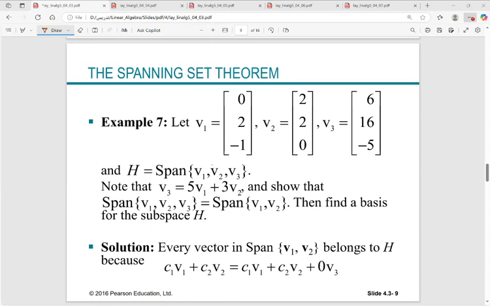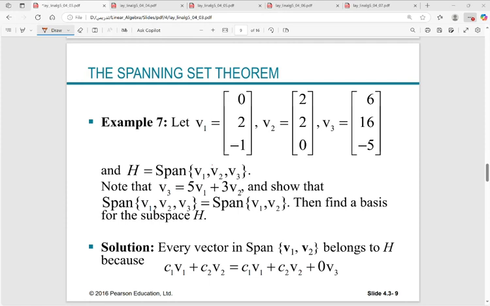In the previous theorem, theorem 5, we learned that if a vector is linearly dependent on the other vectors, it can be safely removed without any reduction in the span.